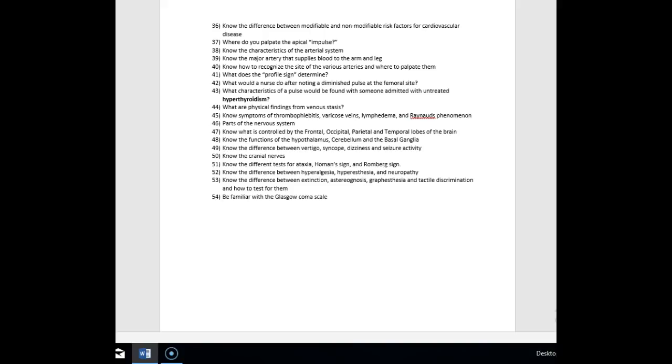Also, let me see what else I got. Oh, varicose veins. It's just a result of incompetent valves in the veins. They're more common in women. And usually it's the stress, because a lot of times when people get pregnant, they might get varicose veins, and they usually hurt.